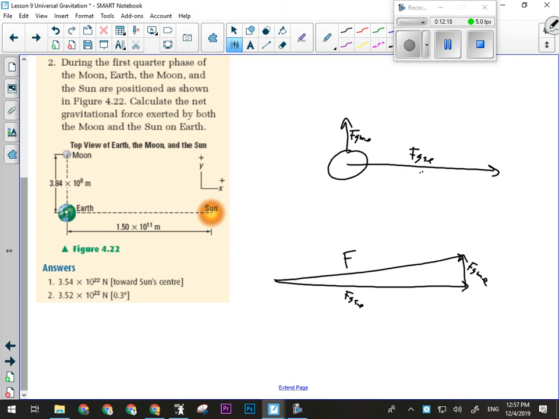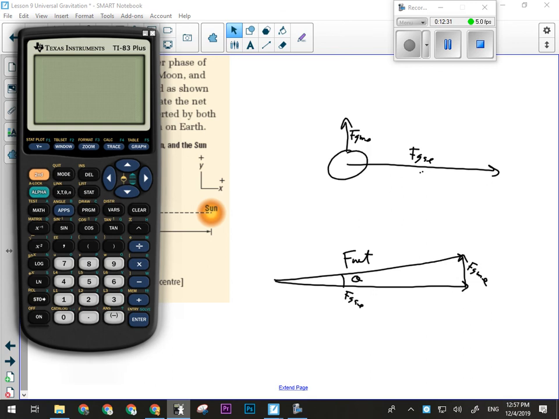So I just need to find F net, which would be the hypotenuse of this triangle, and then find the angle using trigonometry. All right, so once again, I can take the entry I already have in my calculator, and I just need to alter it slightly. So I'm going to get my entry in there, and I'm just going to go back here, okay, and I'm going to put in one more set of brackets.